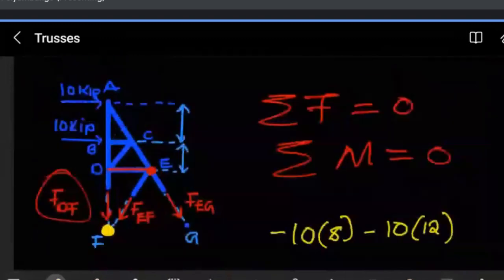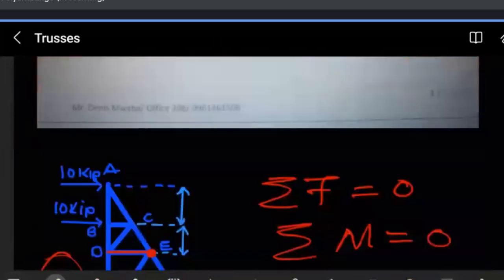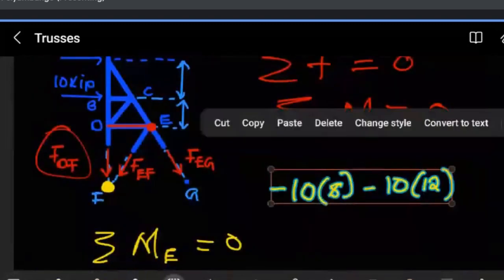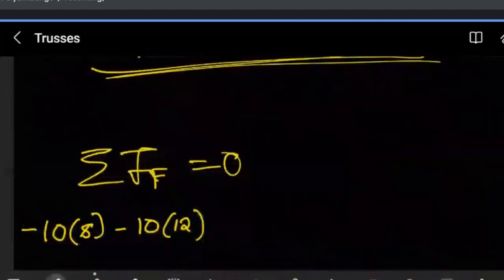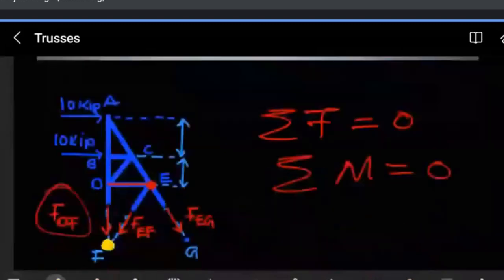Then the only other force causing a rotation about F in this case is going to be the one in that member, EG. But we need to express this strategically so that we can easily evaluate its moment. But how do we do that? Well, we want to represent that force into its components so that the distance will be easy to represent.